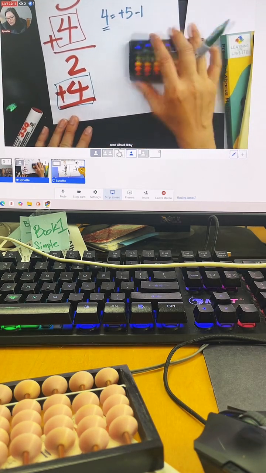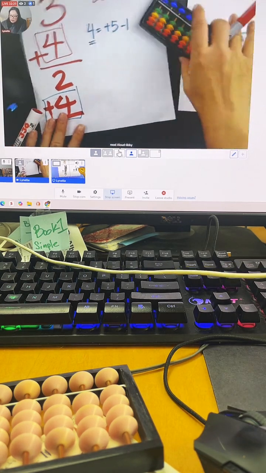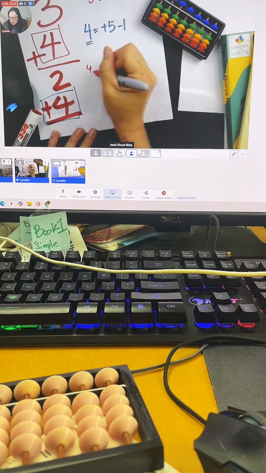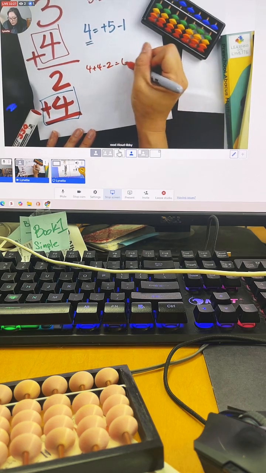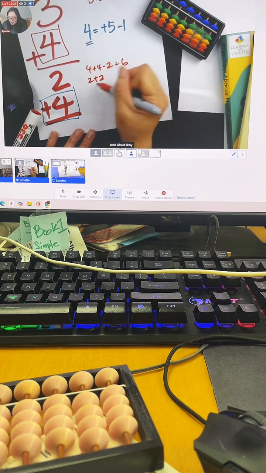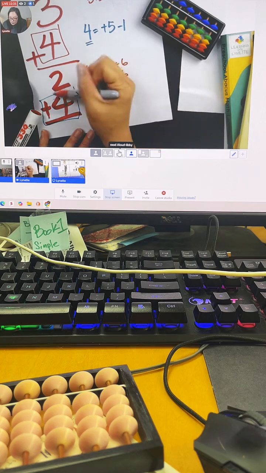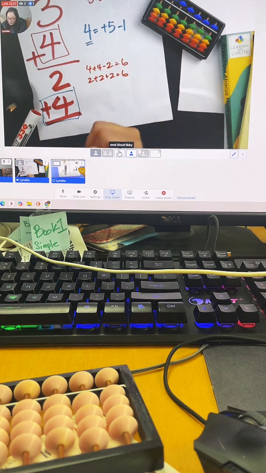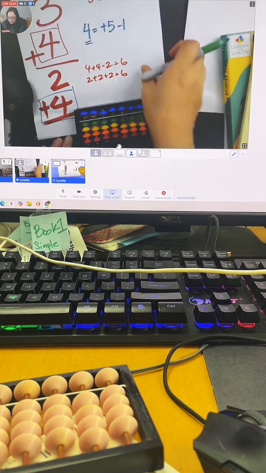So let's do it again. We can do it with 2, right? If our question is 2 plus 4, the idea is to remember that we have this 4. This 4 is the common thing between all of the questions that we have: 4 plus 4, 3 plus 4, and then 2 plus 4.